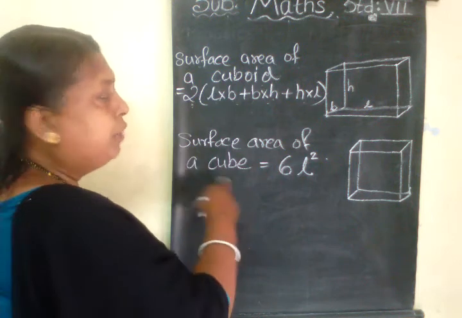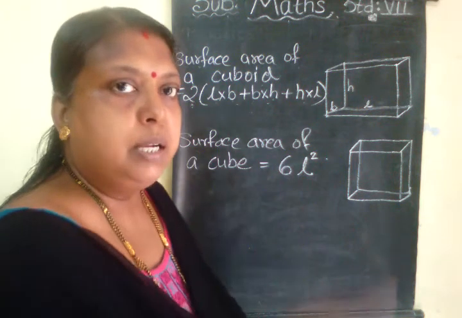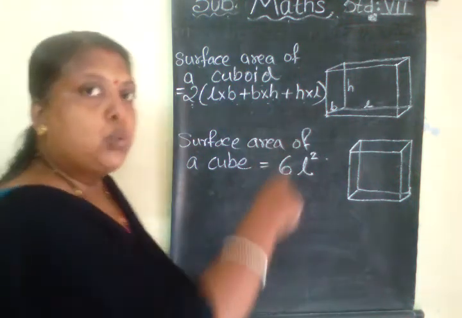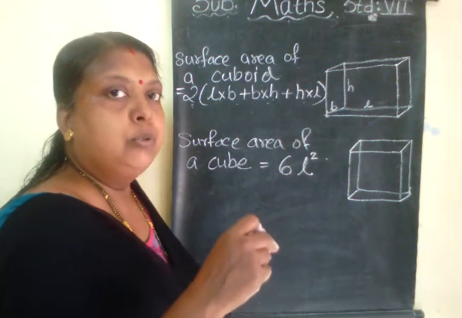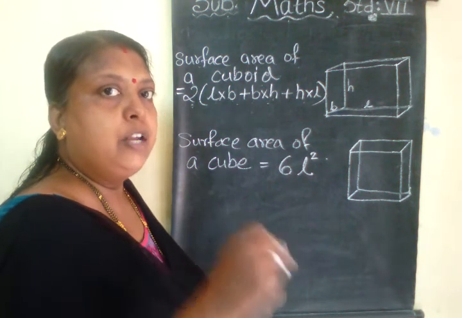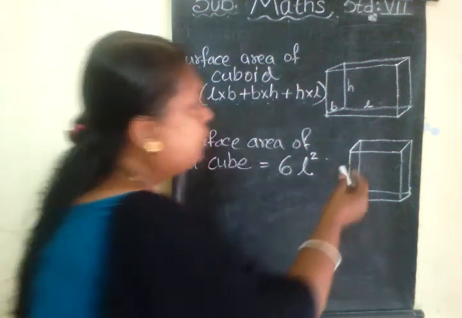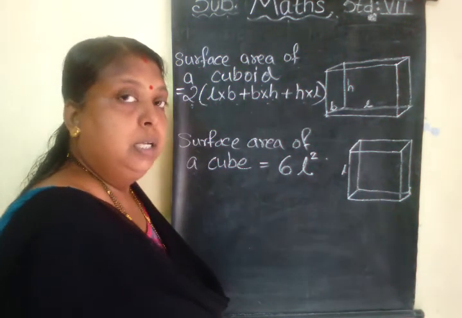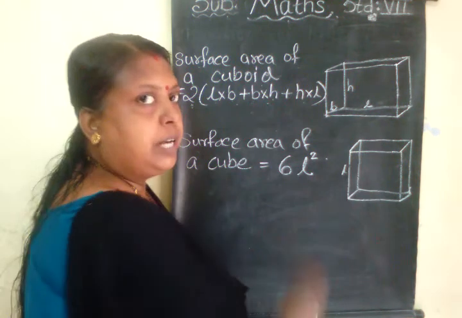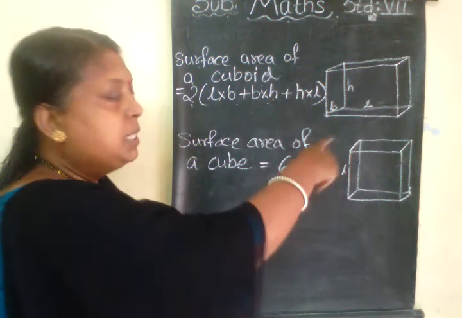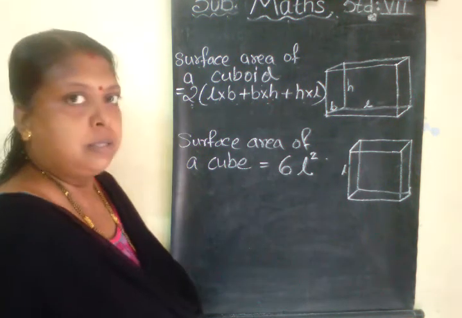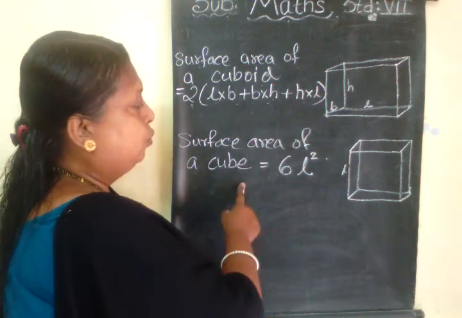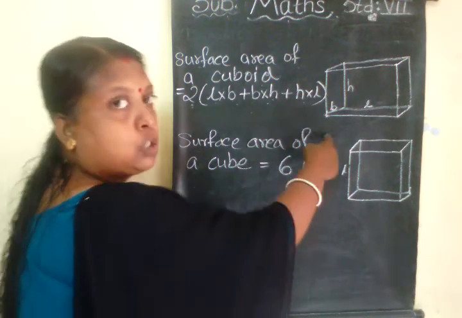Then the surface area of a cube. You know in a cube all the sides are equal and each face is a square. Now you know the area of a square is side square. Suppose L is the length of the side, so L square is the area of one face. Since it has 6 faces, the surface area of a cube is equal to 6L square.